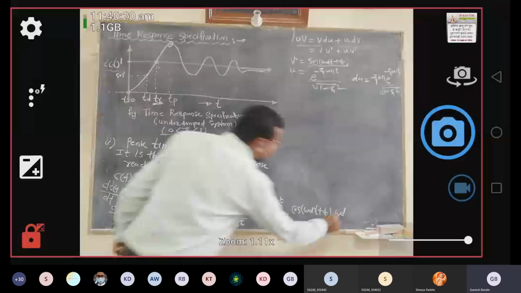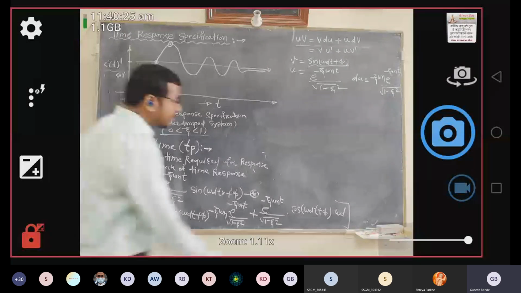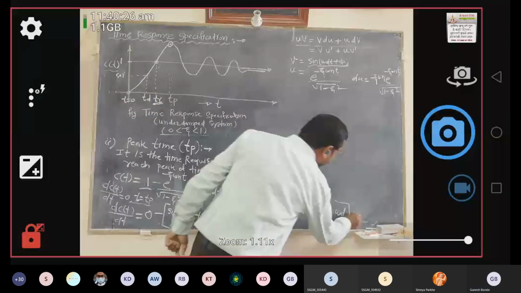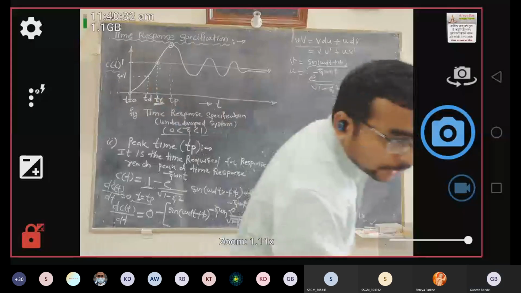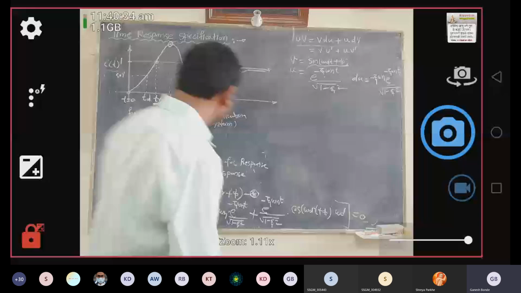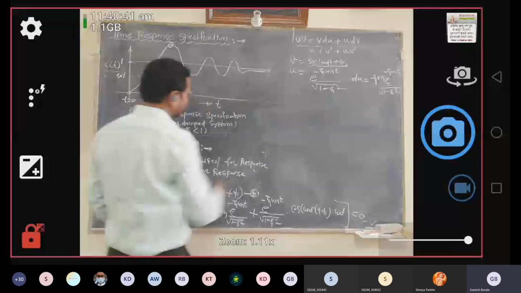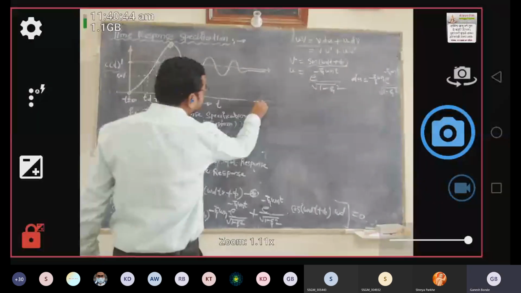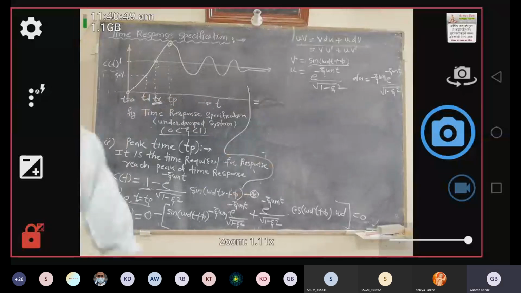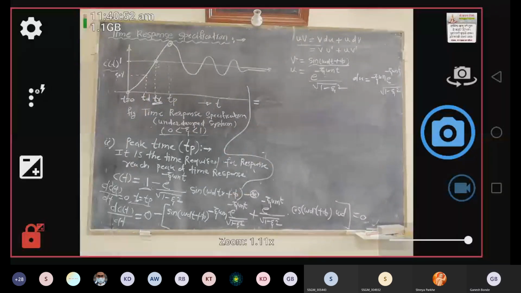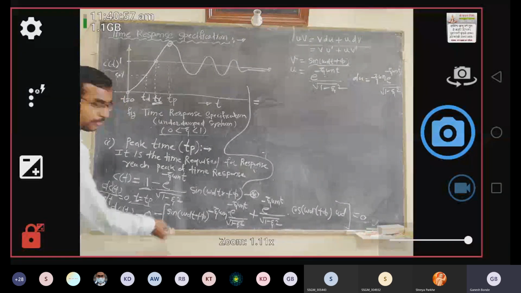So this is your dc of t upon dt, and it is equated to 0 because at t is equal to tp, its value is always 0. So now you just simplify this term. Please note this down and simplify it. Here is 0, so if you transfer it, it becomes a minus term.